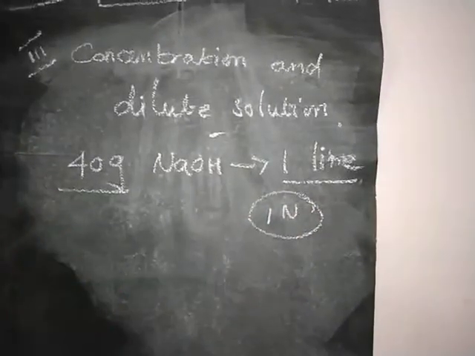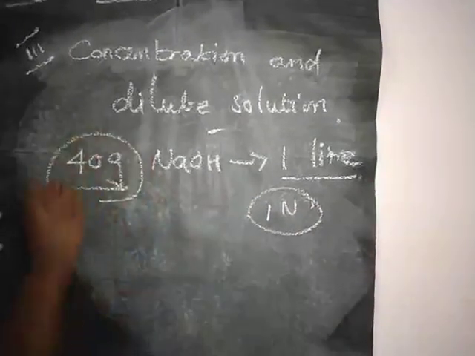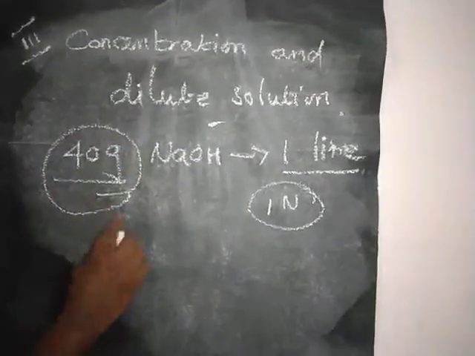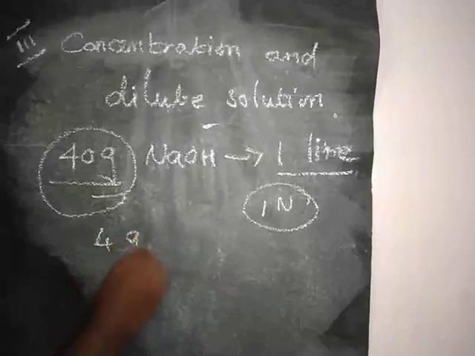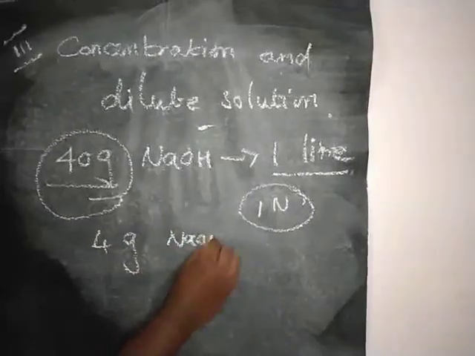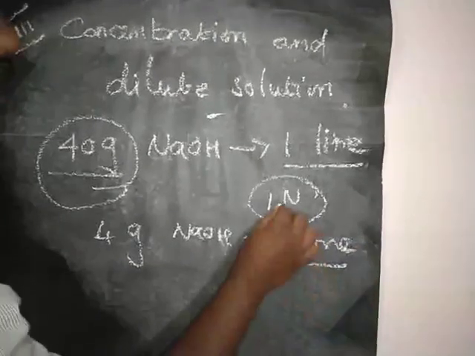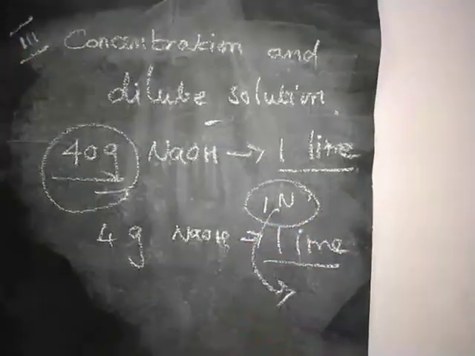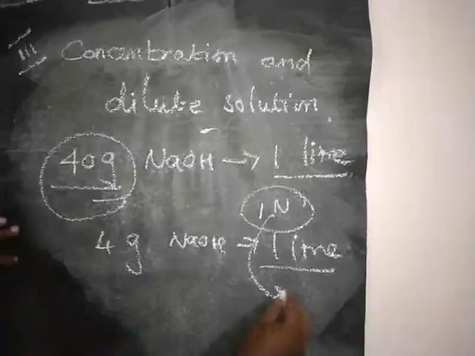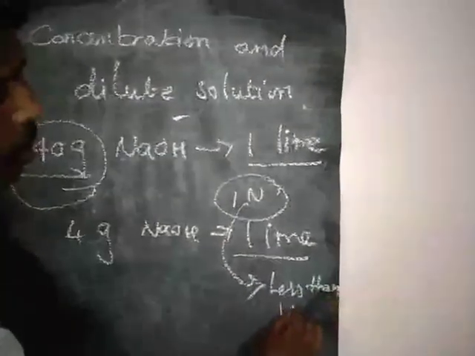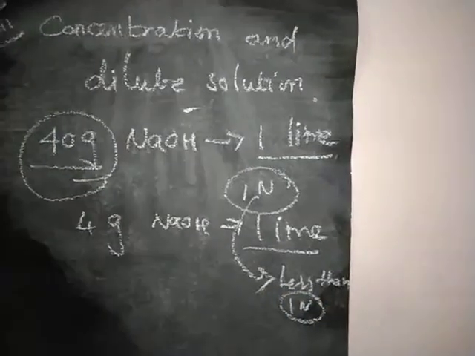For the same, instead of 40 gram, divided by 10, suppose 4 gram of sodium hydroxide is dissolved in 1 liter, it will give less than one normal solution. What is the meaning of that?